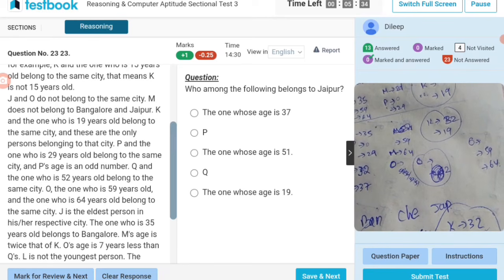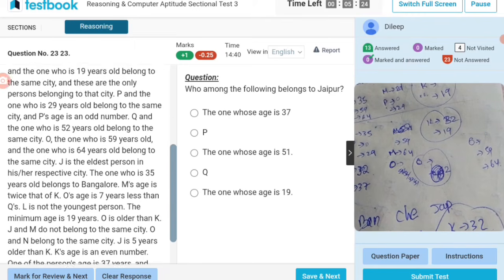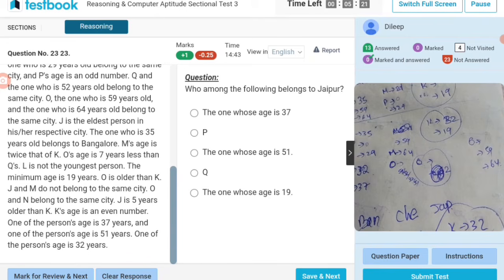O is 7 years less than Q. L is not the youngest. O is older than K. K is 32.